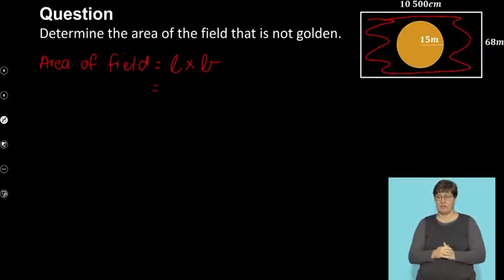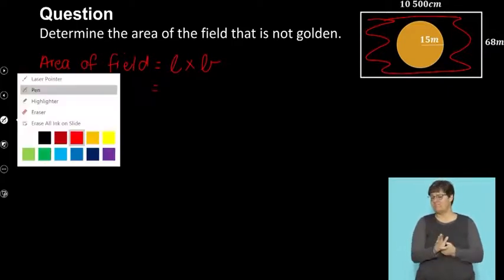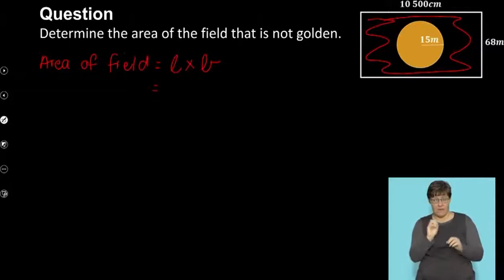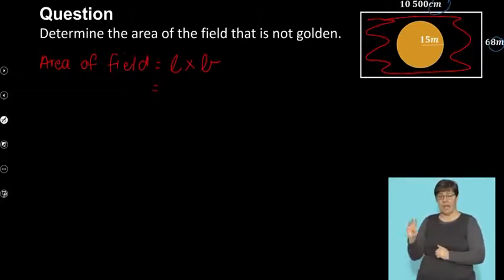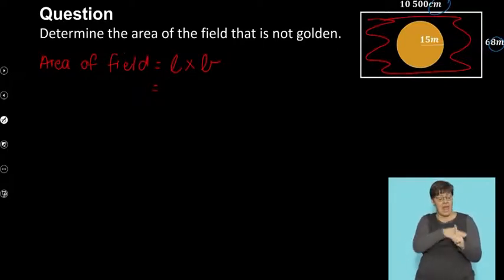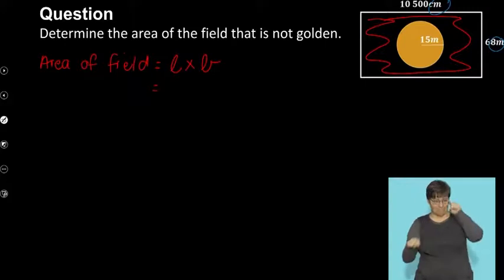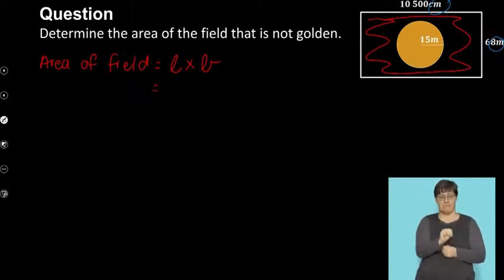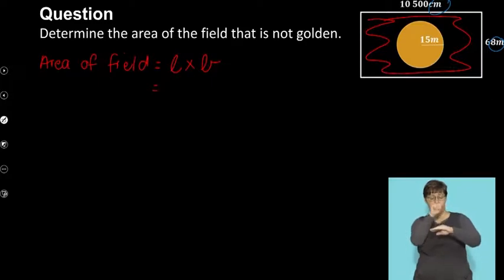But something that I do want to highlight to everyone, and I hope that everyone is okay with this, we have measurements in centimeters and meters. But when I'm working with a problem where I'm working out the area, I need it to be in the same units. So centimeters, I know I can convert to meters by dividing by 100. So 10,500 centimeters is the same thing as 105 meters.